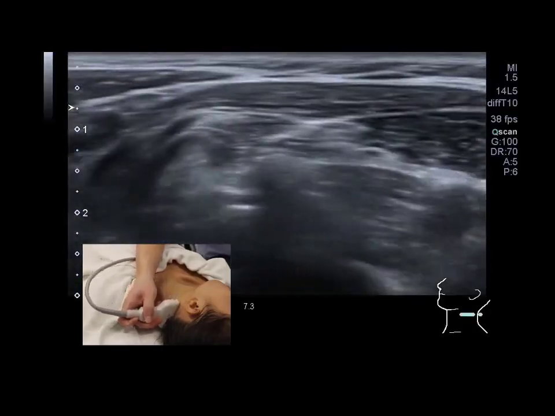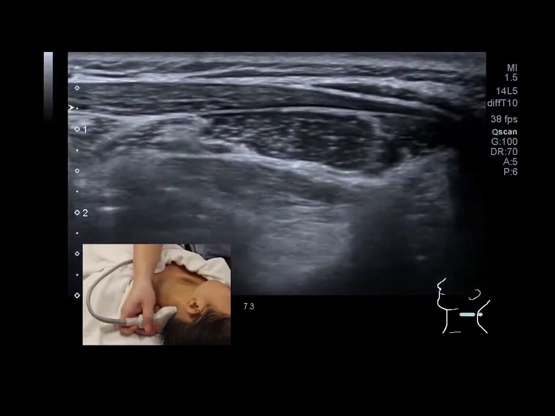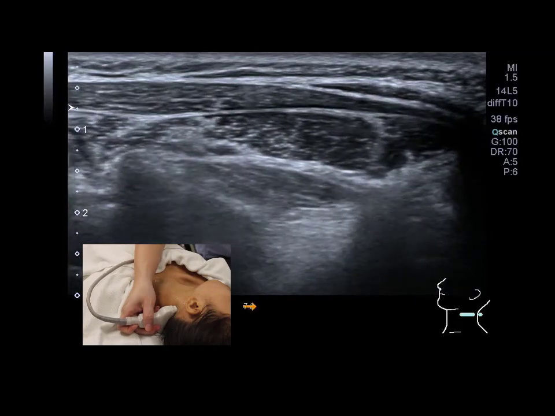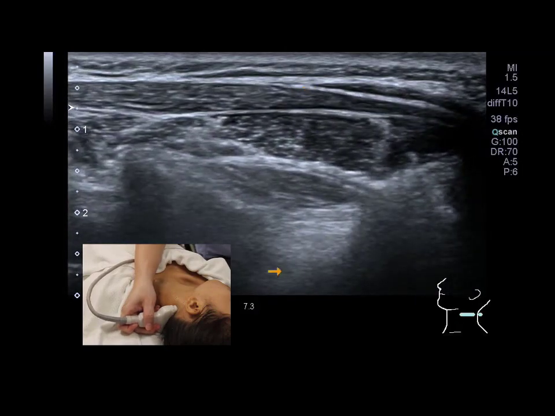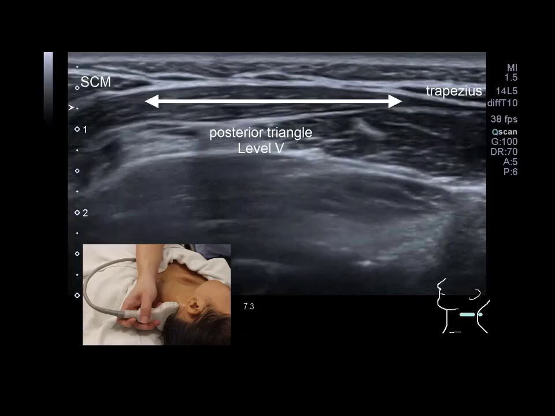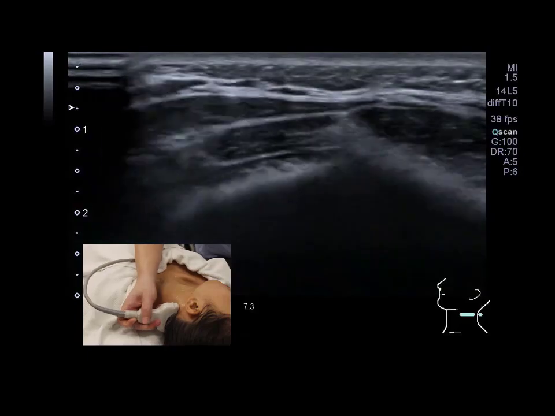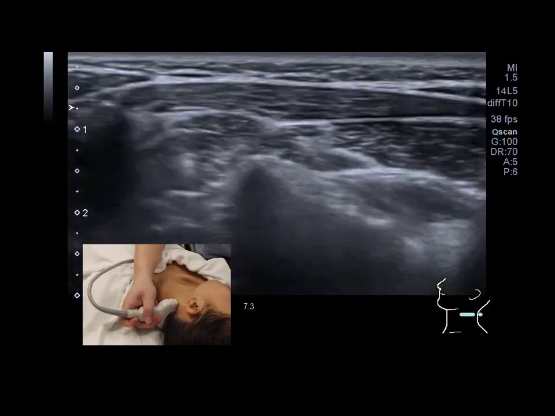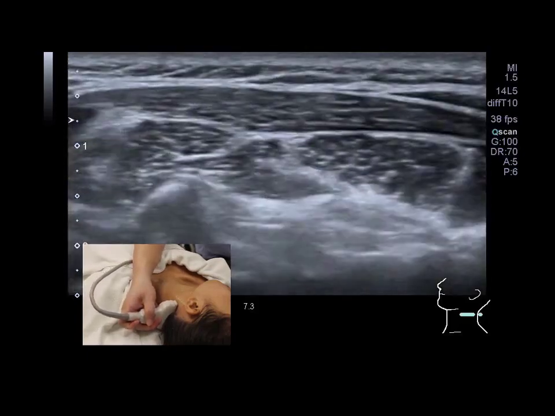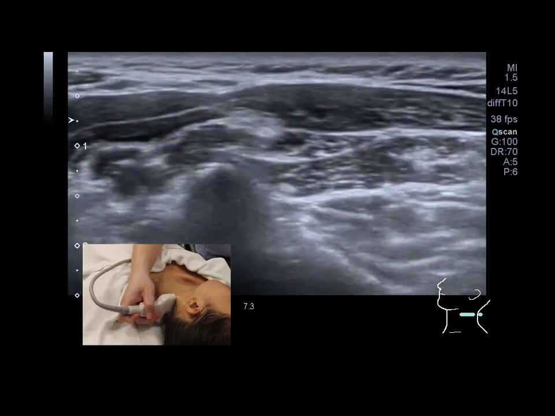Okay, let's see the whole picture of level 5, the posterior triangle space. We look at the edges of these muscles. This is the trapezius muscle, and the other one is the sternocleidomastoid. The space between these two edges is the posterior triangle or level 5, which is a triangular shape with the wider base below and the tip of the angle narrow up.